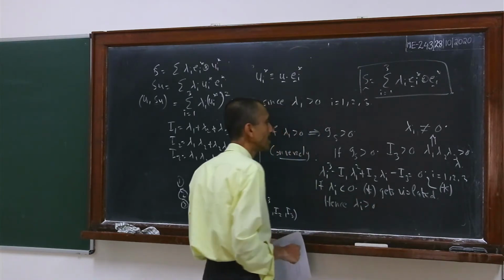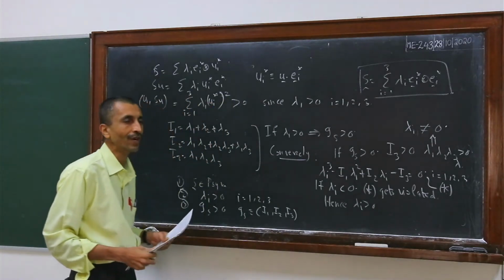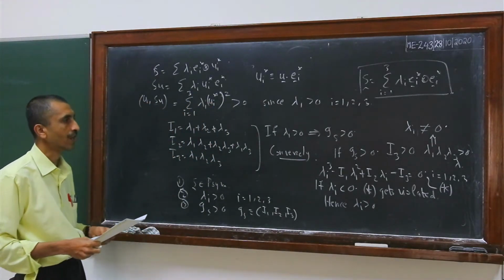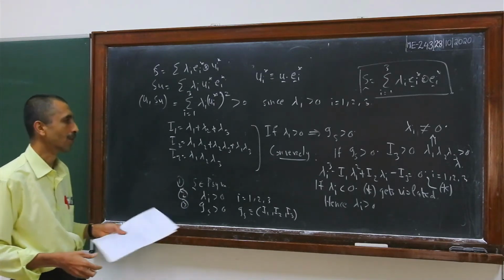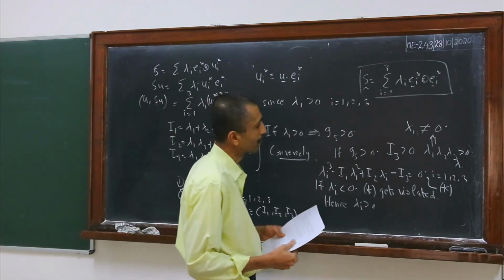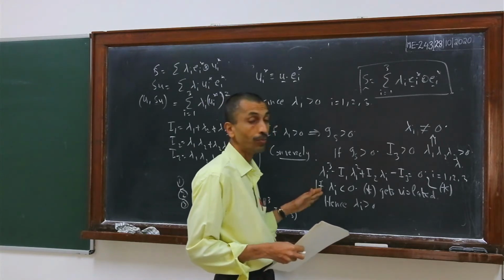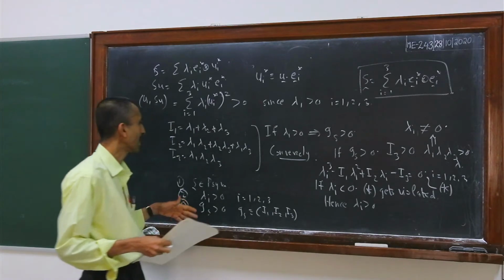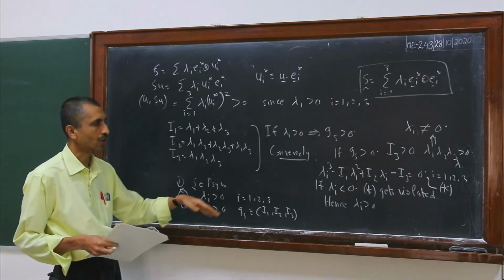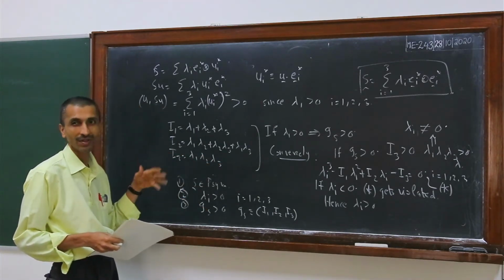So you can see this is a very, very elegant proof, and in fact this proof was suggested by one of the students who was attending the class. So that was very nice. One can always give a brute force proof, in the sense that I can try to write the roots of lambda I in terms of I1, I2, I3 and then try to prove it.